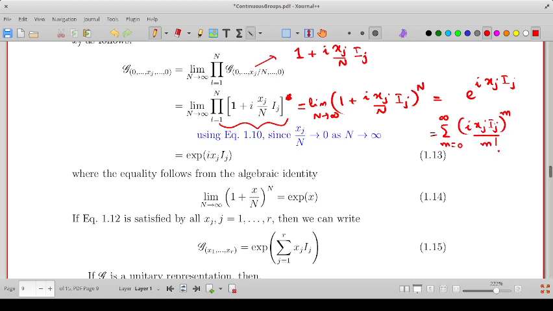This is the power series expansion for the exponential function of a real variable, for example. So the same power series corresponds to this algebraic identity.